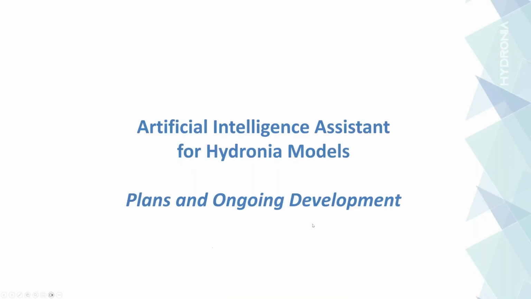Okay, so what is this one more thing? So I want to share with you this ongoing development that we are doing as we speak. I want to share with you what we have, and the plans that we have for the next few years. And this is the artificial intelligence assistant for Hydronia models.